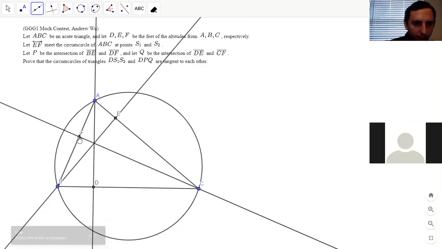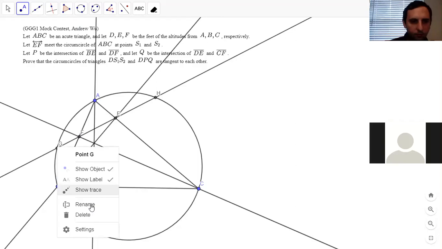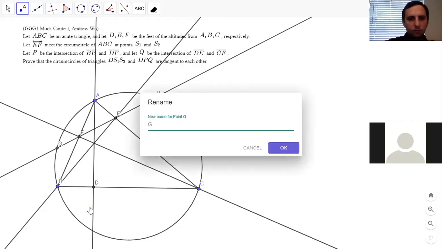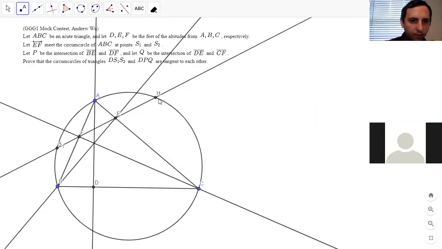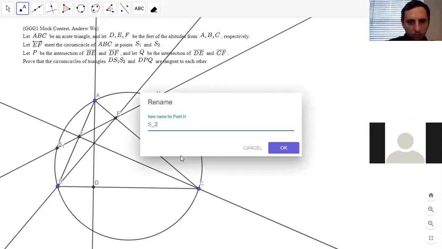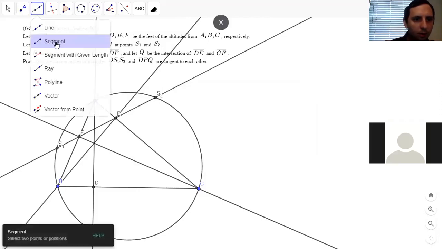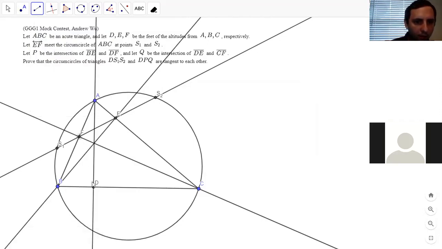And I feel like I've seen this idea before. So A is going to be the midpoint of S1, S2. And that's not a hard angle chase. So A is the midpoint of S1, S2. And P is the intersection of BE and, okay, so basically we draw these two.